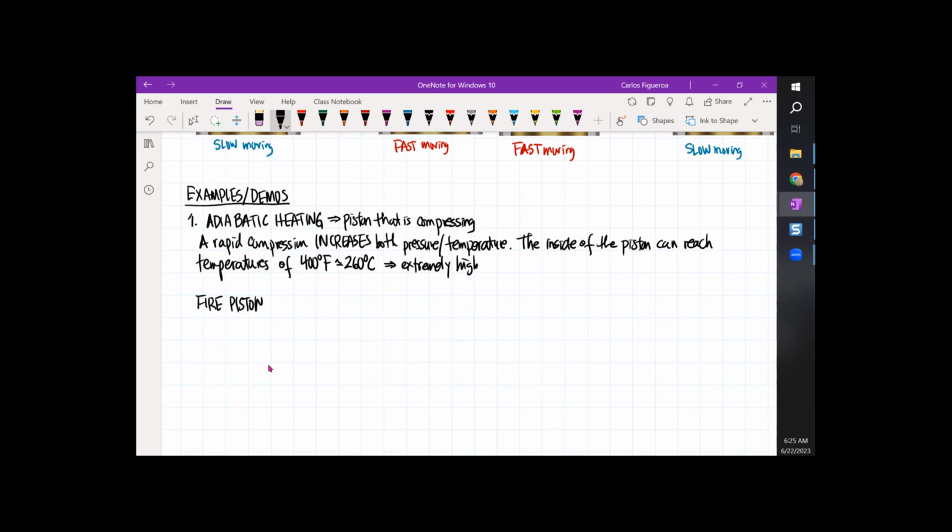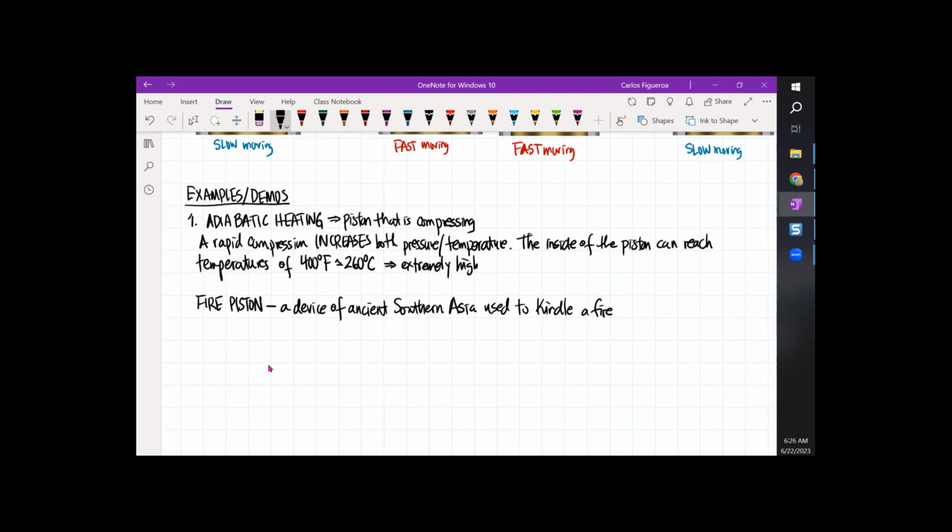And this is a very, very cool demonstration. What you find here with the fire piston is a device of ancient Southern Asia, used to kindle a fire.